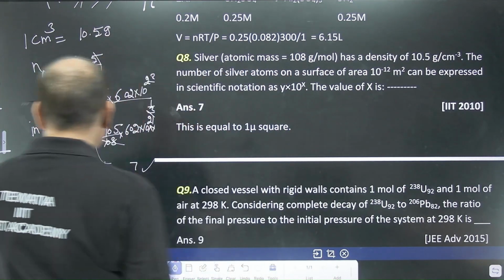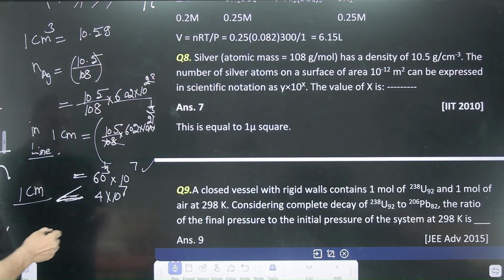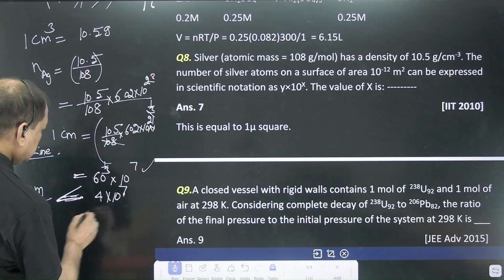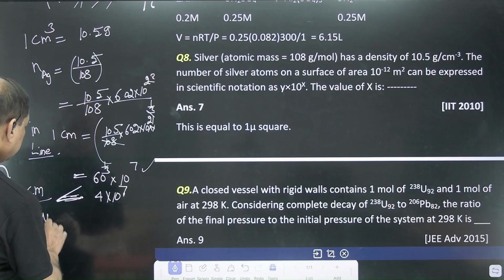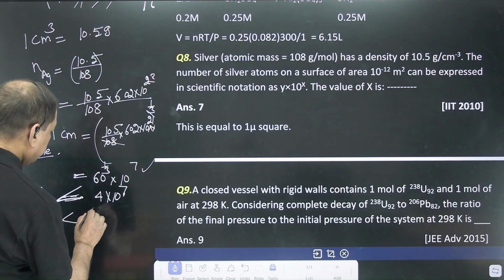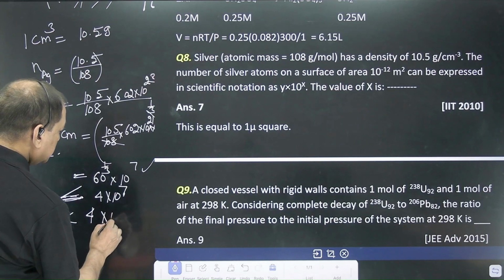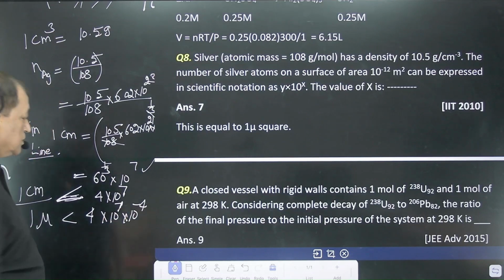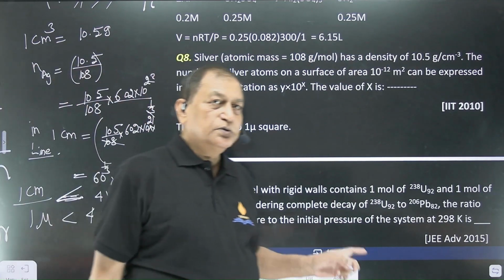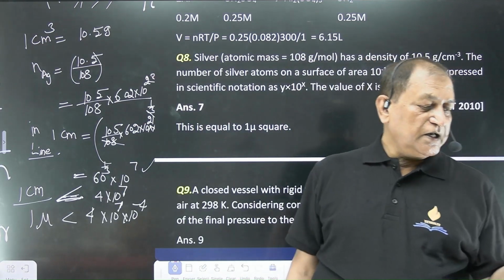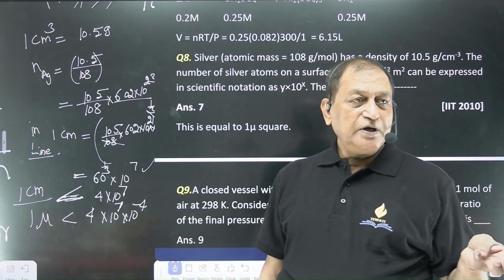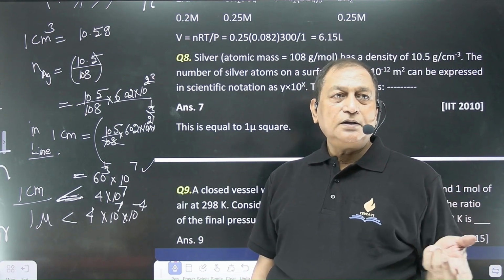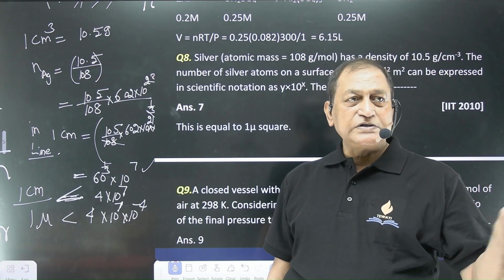So in 1 micron they will be less than 4 into 10 raised to power 7 into 10 raised to power minus 4. Why have I used 10 raised to power minus 4? In 1 centimeter there are 10 millimeters, and in 1 millimeter there are 1000 micron. So 1000 into 10, that is 10 raised to power 4 micron are there in 1 centimeter.